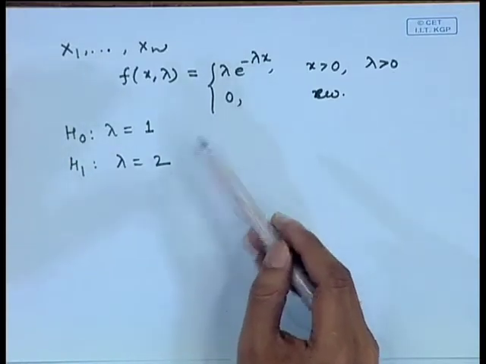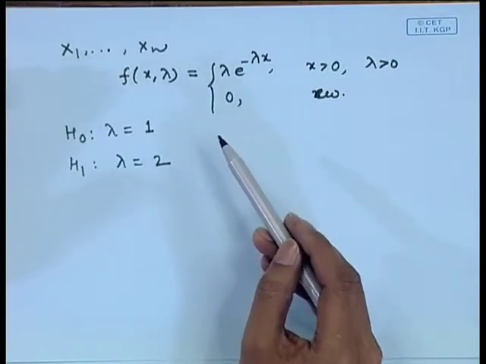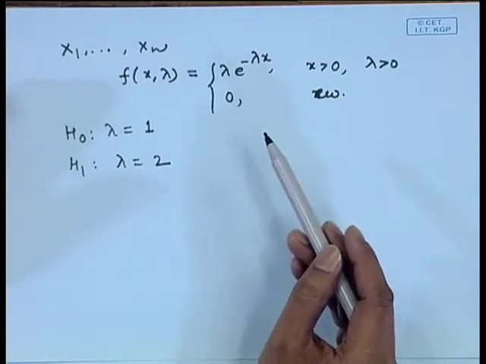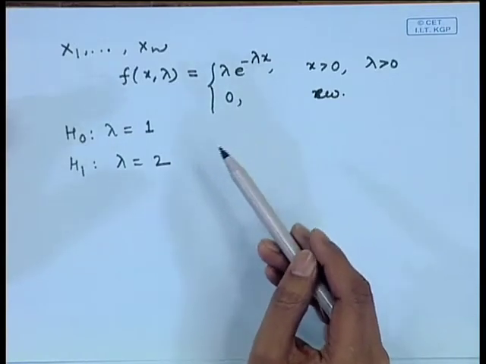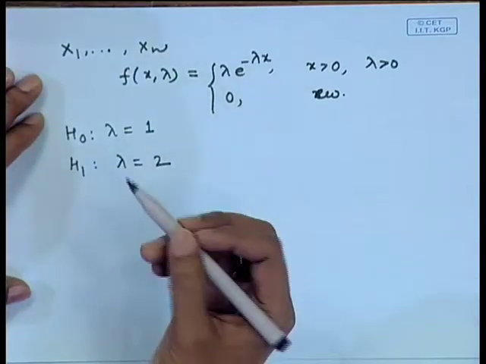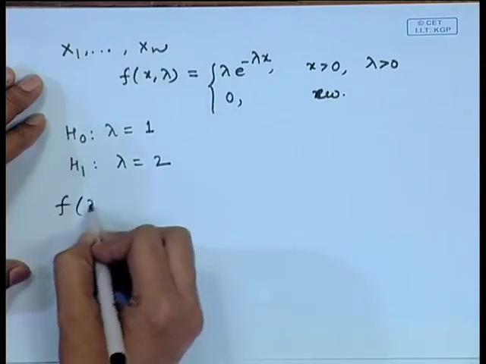Then we may have to use certain transformations and get the distribution of that, so that one may make use of the tables of the standard distributions to find the exact test of the hypothesis. So, in this particular case, for example, let us write down the joint distribution.